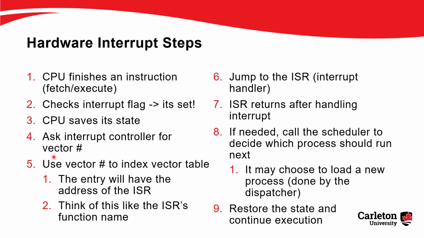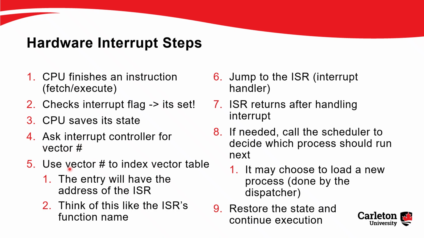The appropriate handling function will be bound into a table, the vector table, and the vector number is actually just an index into that table. Hypothetically, we can say our keyboard is interrupt 0 and maybe our mouse is interrupt 1. This is obviously a simplified example, but when we get an input from our mouse, we'll get an interrupt with vector 1.